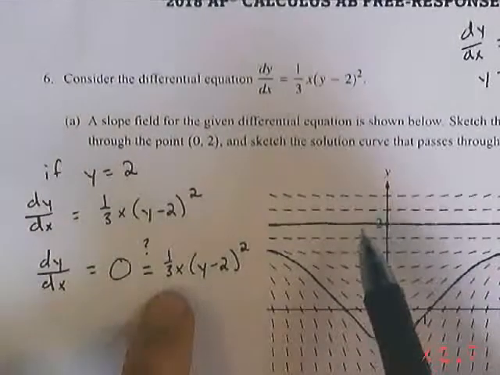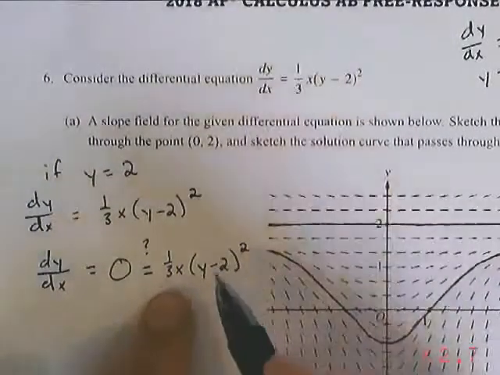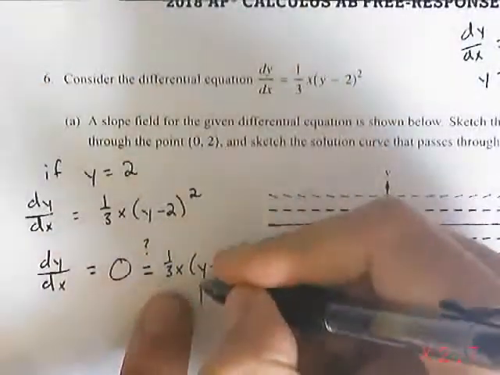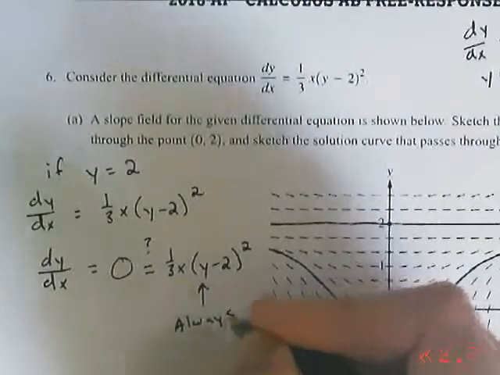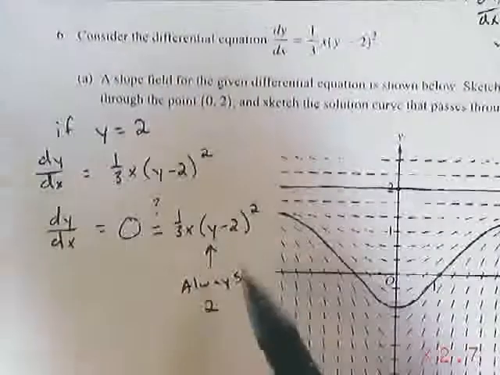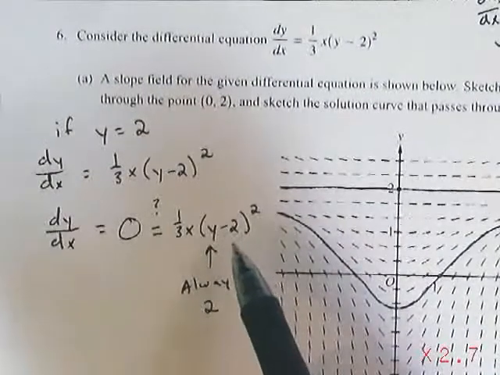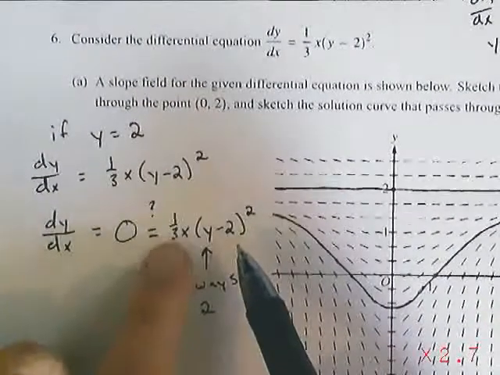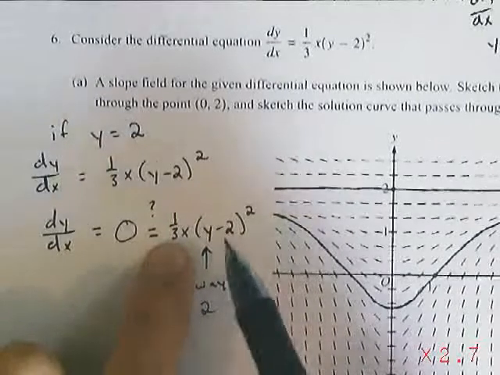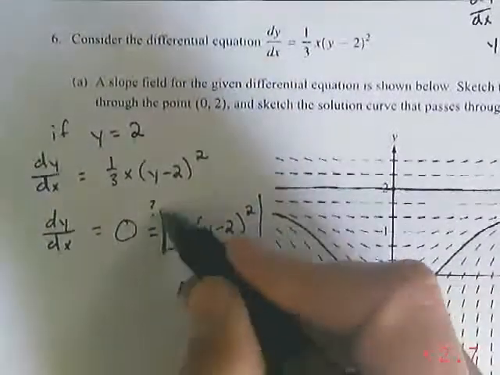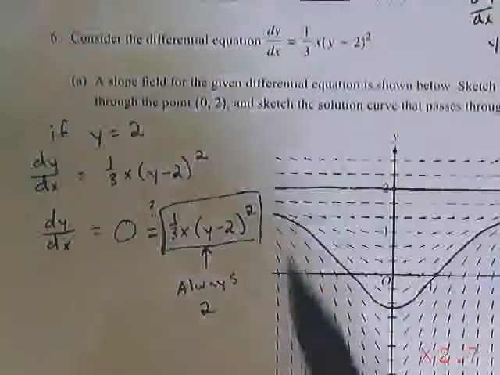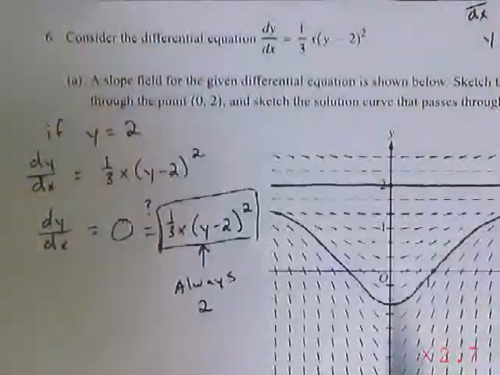Because we're on the line y equals 2, our y value is always 2. Well, 2 minus 2 is always 0. It don't matter what x is, wherever we're at, this does in fact describe our derivative, because it's always going to spit out a 0 on this curve.